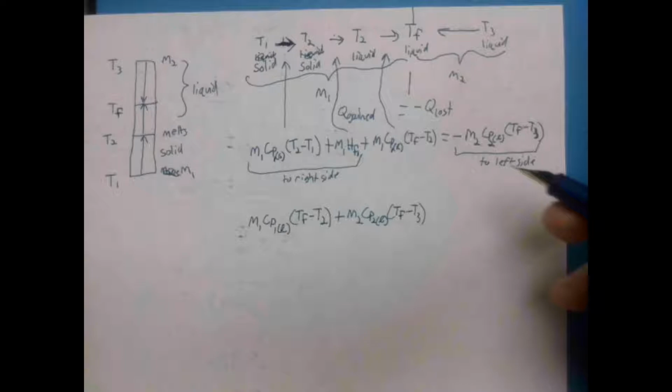We don't have to FOIL the right side out because we're only trying to solve for TF.